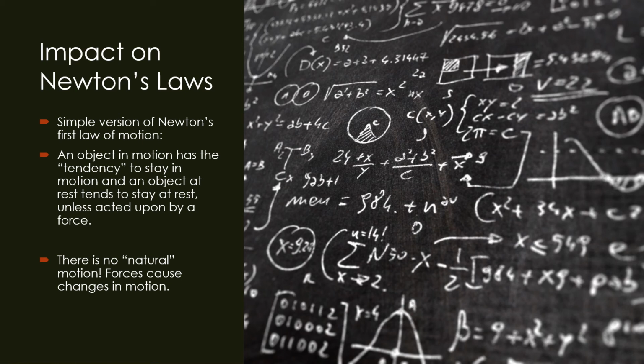I'm not exactly sure of the Latin word he uses here, but it actually comes from the Greek word for impetus, because he's directly borrowing the idea from Philoponus. But he brings the idea further to say that all objects have this tendency to stay in motion if they're moving, and they have the tendency to stay at rest if they're resting, unless acted upon by a force.